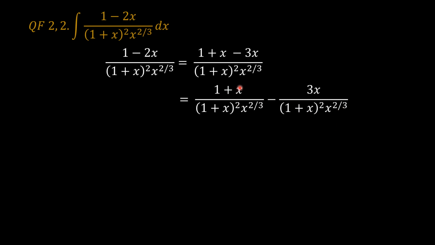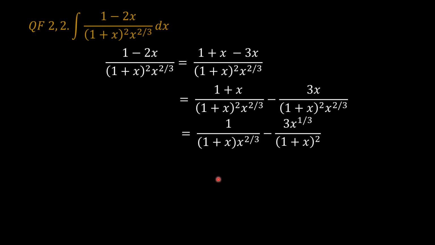I've separated this numerator into two fractions. So the 1 plus x here cancels with one of the 1 plus x's in the denominator, and you're left with 1 over 1 plus x, x to the power 2 over 3, minus 3x. Since this x divides with the x to the power 2 over 3, we're left with 3x to the power 1 third, and the denominator remains.